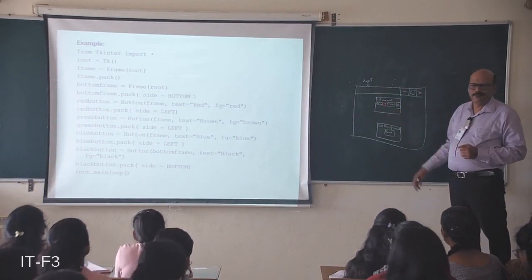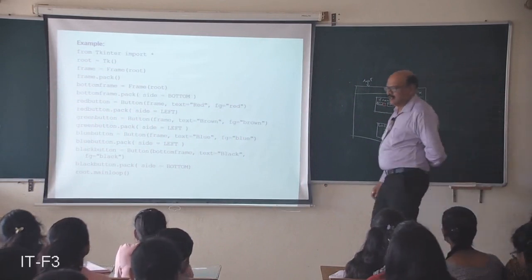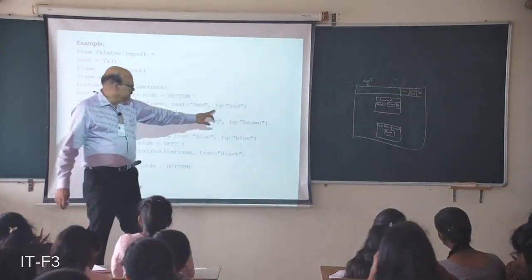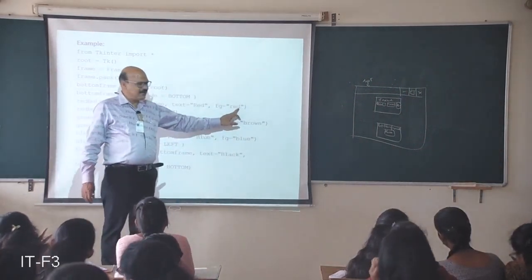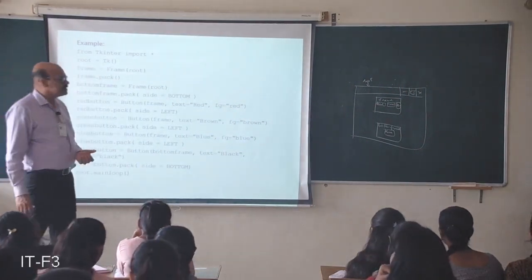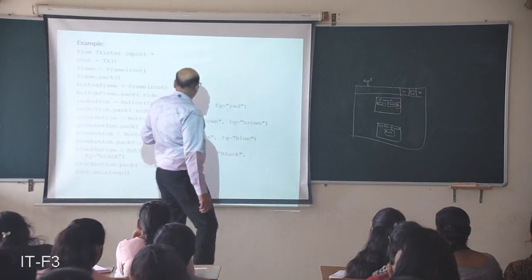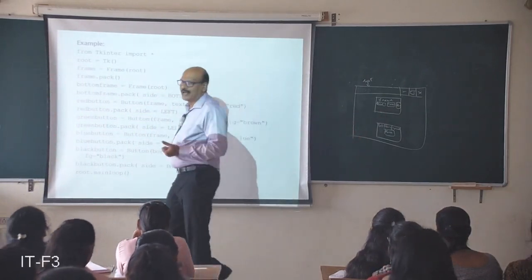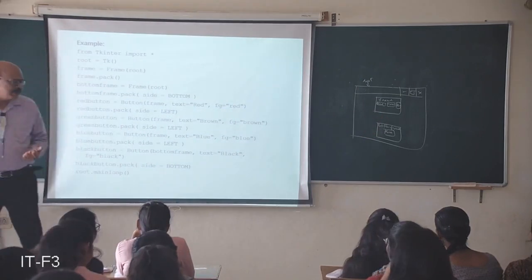Yes, the effect of this statement is that the button will be colored red. Background, that is the canvas color, the frame color, if you want to change it, the frame happens to be the background, not foreground. Okay.